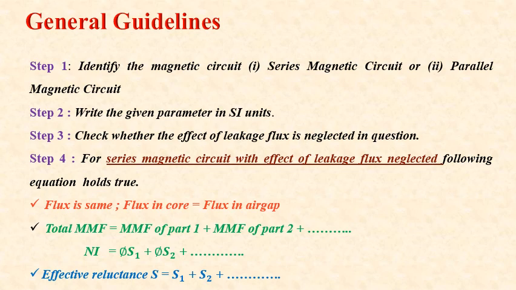Effective reluctance S will be equal to S1 plus S2 plus etc. So whenever you do a problem, please keep these steps in mind so it will be easy to solve the magnetic circuits.